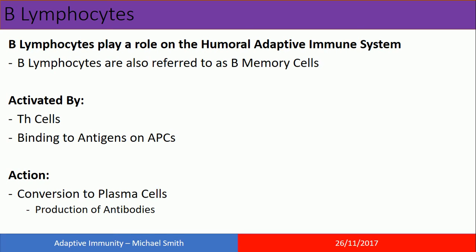And remember, when this happens, they're then able to steal the antigen and present it themselves. So they are antigen presenting cells themselves. So these B lymphocytes, when they become activated, they're converted to plasma cells. And plasma cells are the cells which produce our antibodies.